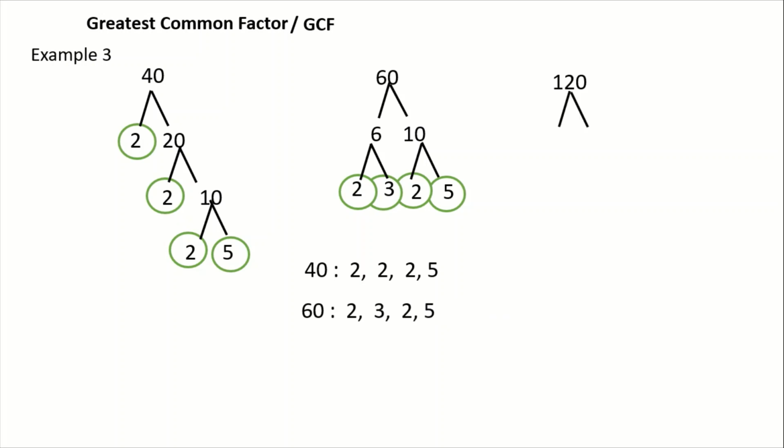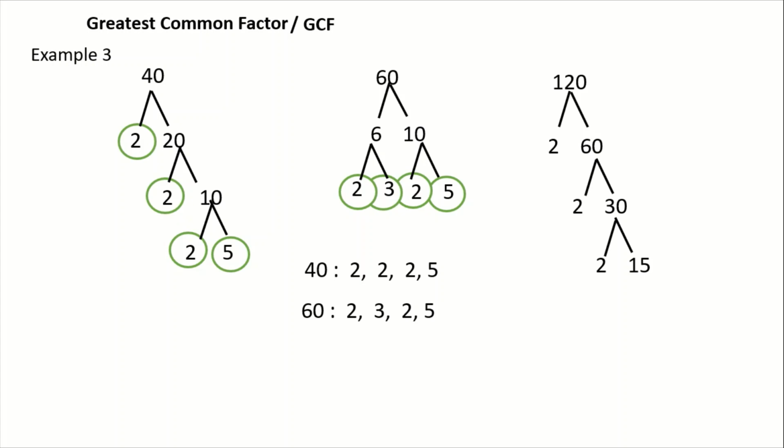Next one is 120. So, 2 times 60 are factors of 120. And since 60 is still a composite number, we need to factor it. The factors of 60 are 2 and 30. Same again with 30. What are the factors of 30? It could be 2 times 15, or 3 times 10. As long as you factor again until it reaches prime numbers only. Alright?